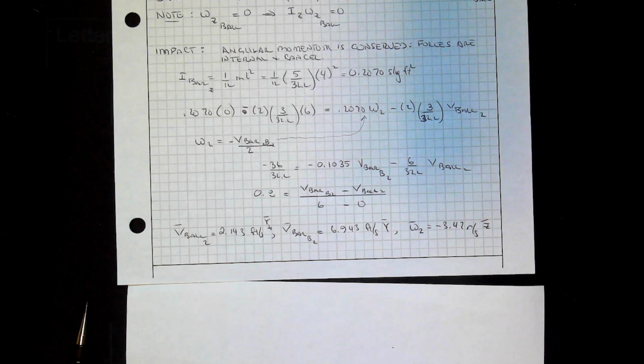So I took this and simplified it down to that. The coefficient of restitution is 0.8. That would be the velocity of the bar at point B, up, minus the velocity of the ball after impact, divided by the velocity of the ball before impact minus the velocity of the bar before, which is 0.